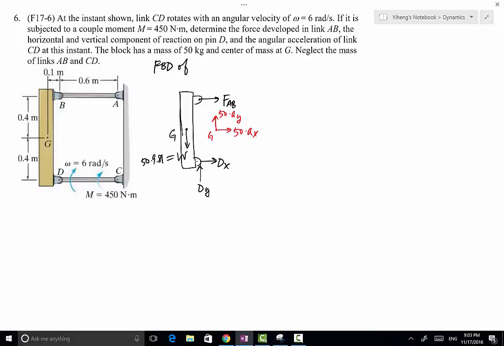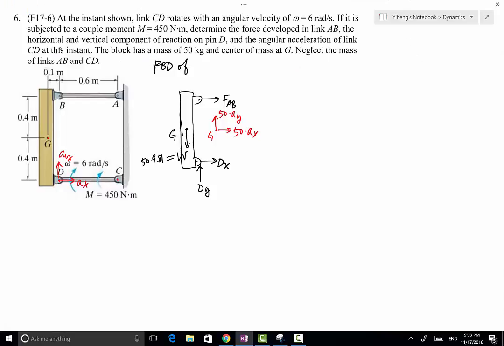So they will always have the same linear velocity and the same linear acceleration, which means that point D will have exactly the same AX and AY acceleration, just like at point G. Now, because point D also belongs to rigid body CD, and this link CD is doing rotation about a fixed center, based on simple kinematics we can determine the components for point D.